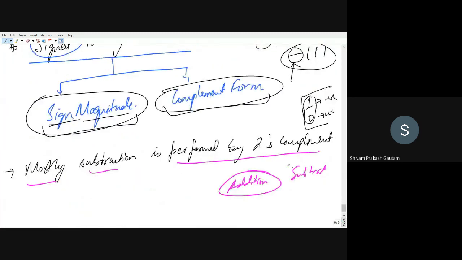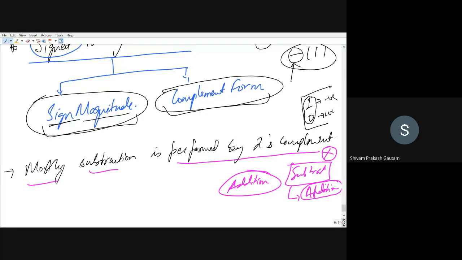So you can say that in digital, subtraction is performed by addition, and how we calculate the subtraction of binary, we will shortly see. For now, remember this point: in a computer, subtraction never happens. We perform subtraction by addition itself, by taking 2's complement or 1's complement.